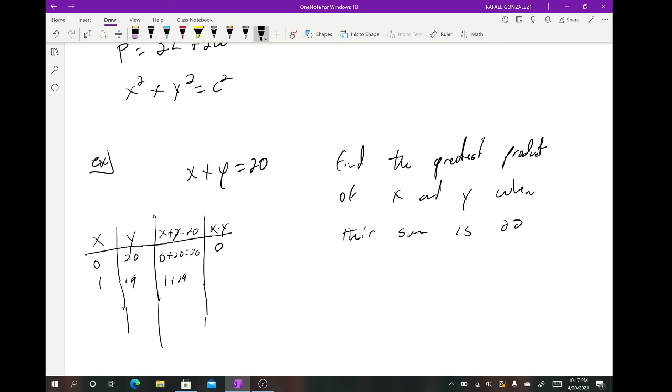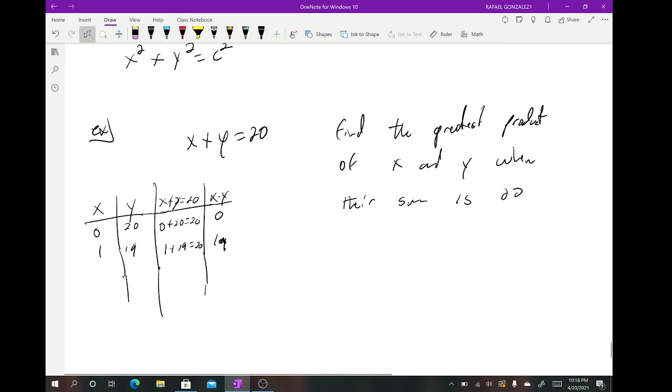But this is not feasible when the problems are very large, because then it's going to take you forever to do this. And as you'll begin to see right now, if you do this like I'm doing it, this is definitely going to take you forever.